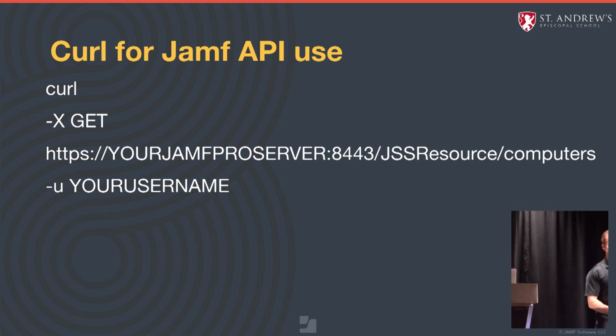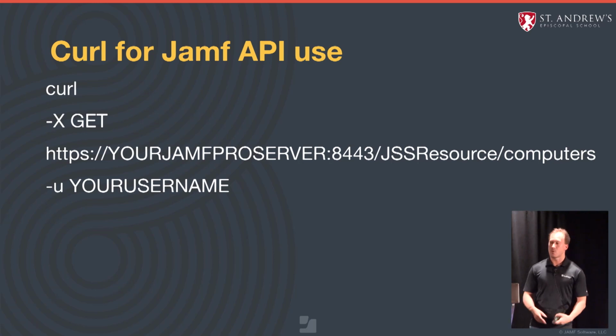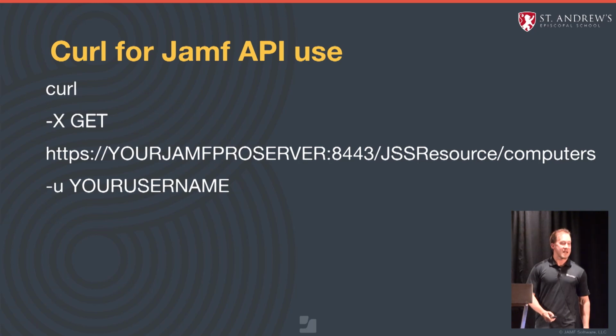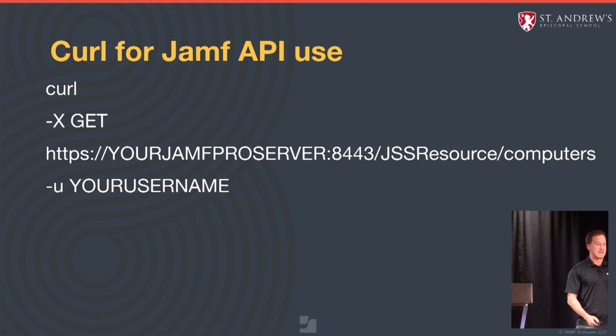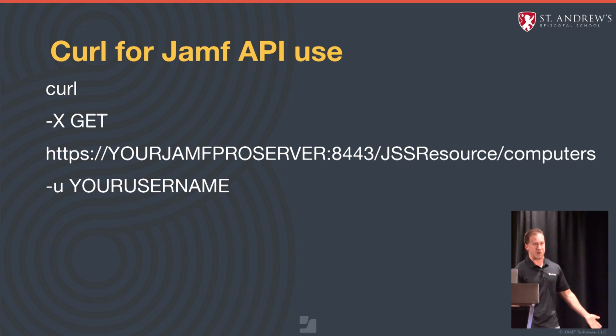You could do username:password for a script, but for simplicity's sake, right now we're just going to do -u, your username. Hit return. And it will give you a dump of all of the info of all of your computers. So if you did it right now along with that, congrats, you've done your first API call.